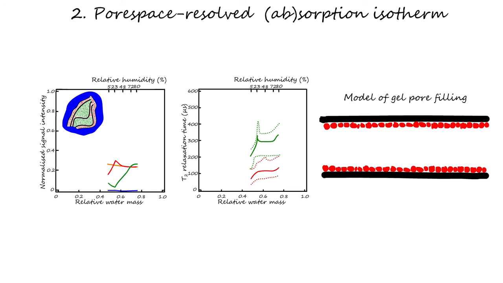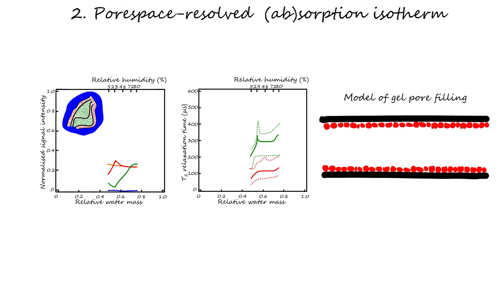We have seen that as the gel pores progressively fill up, the interlayer intensity decreases slightly. However, the gel pore intensity continues increasing whilst the interlayer intensity remains constant. This is different to the observations during first desorption, where the drying of the gel pores led to a progressive increase in the intensity of the interlayer.